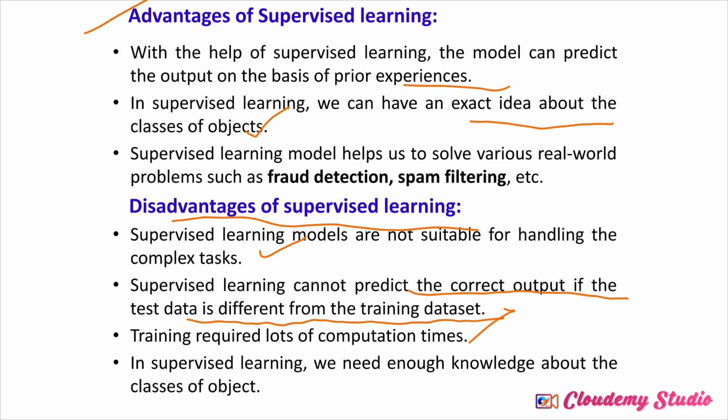So you have to provide test data similar to your training data. Training requires lots of computation time, and in supervised learning we need enough knowledge about the classes of objects, which kind of objects have which kind of classes.